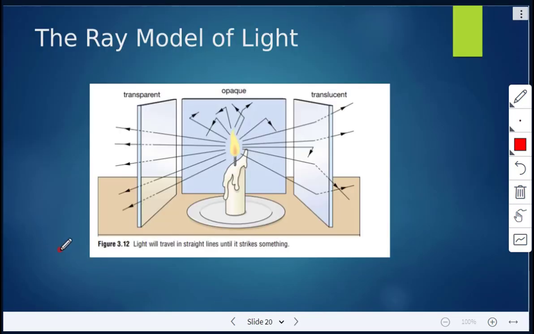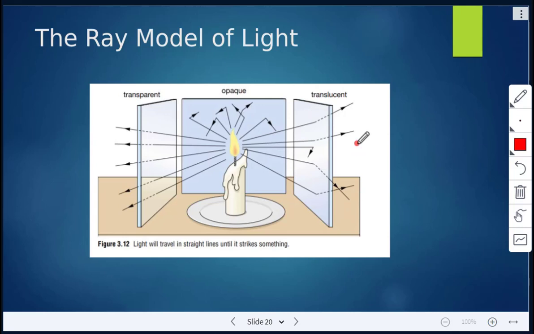All right, so here we're looking at the ray model of light. In this area on the left, that's a transparent material. Notice that the rays are just going to travel continuously as if they aren't going through anything, because it's a transparent material. On the right hand side, we have the translucent material.